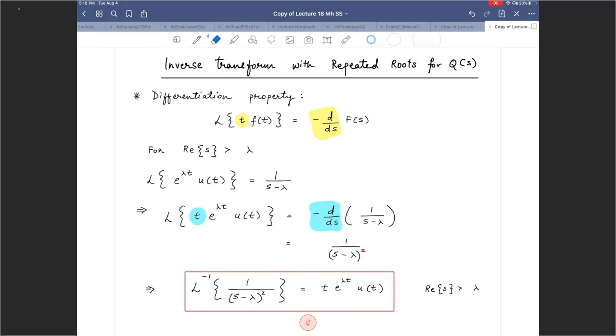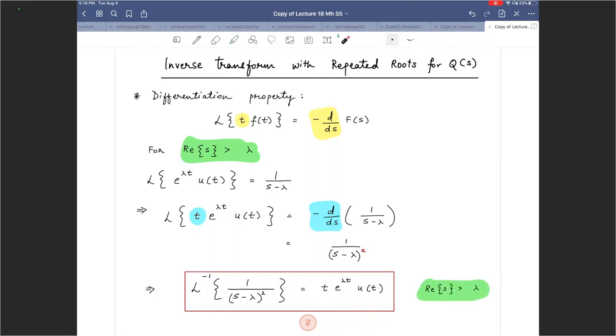So here I'm going to be doing that differentiation for 1 over s minus lambda. If I do the differentiation and incorporate that negative sign, I'm going to get 1 over s minus lambda squared. So that means that the inverse Laplace of 1 over s minus lambda squared is t times e to the lambda t u of t, where the real part of s is greater than lambda. That would define your ROC.